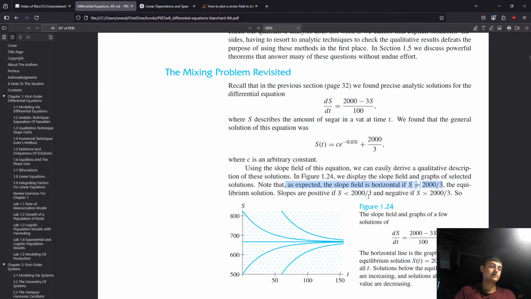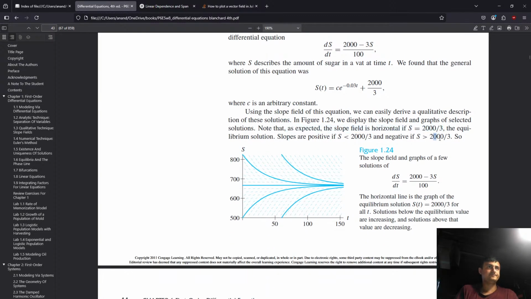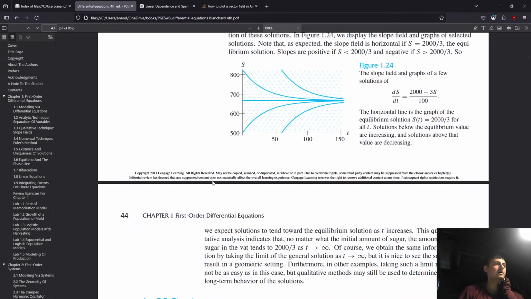Yeah, so that's the zero. Okay, great. The slopes are positive if it's less than that and negative if greater, and they approach exponentially. So we expect solutions to tend toward the equilibrium solution as t increases.